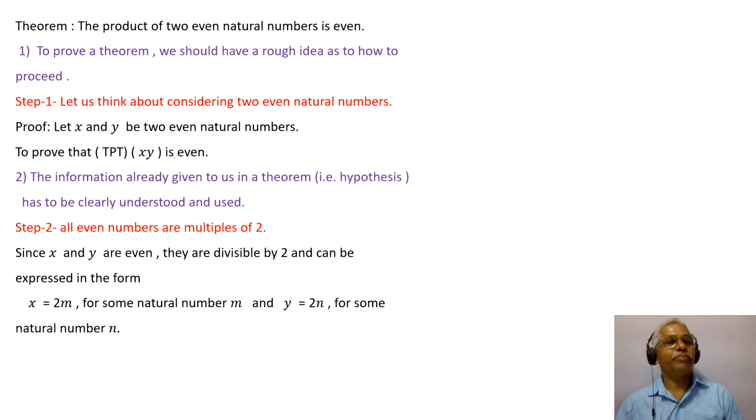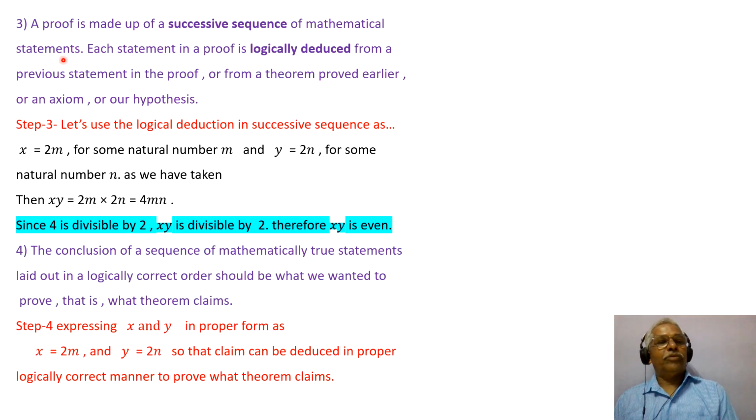The third one: a proof is made up of a successive sequence of mathematical statements. These statements are in succession. Each statement in a proof is logically deduced from a previous statement in the proof, or from a theorem proved earlier, or an axiom, or our hypothesis.